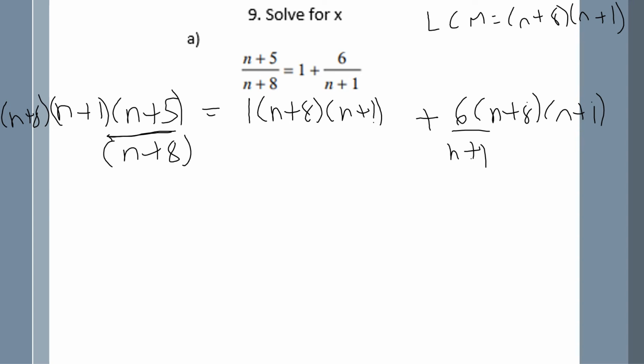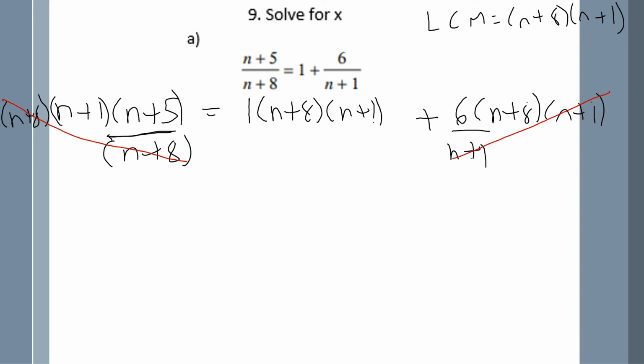All right. So this is what you should have on your paper. You should be able to have everything set up. Now, you can cancel things that look alike. So on the left hand side, I got n plus 8, so that cancels out. And then over here, the n plus 1 cancels out.